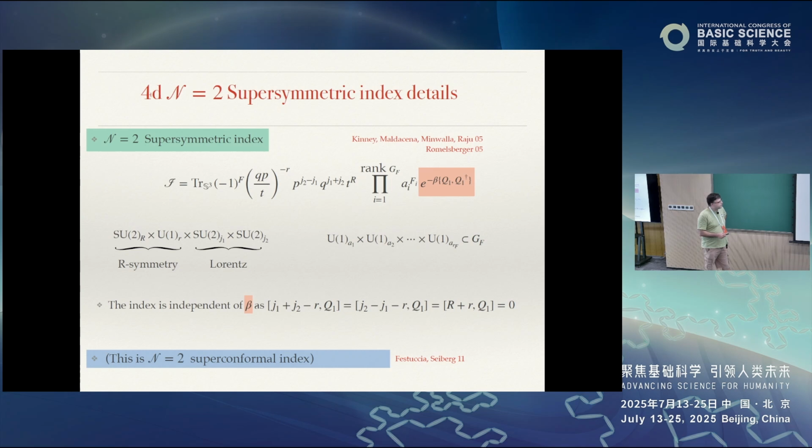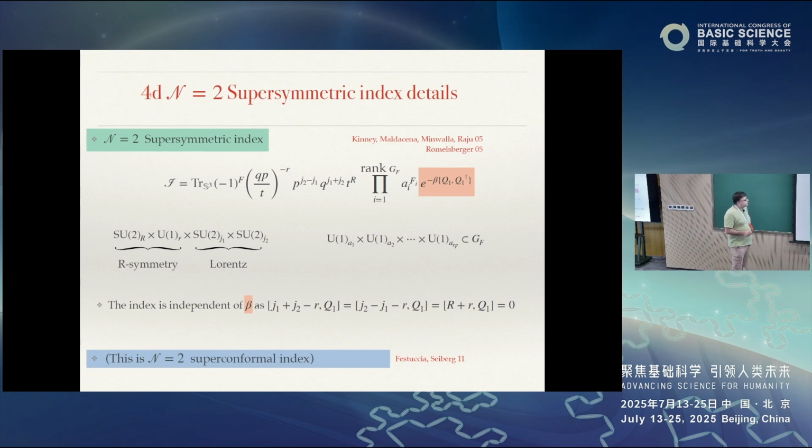So for general N equal 2 theories, you have this Q, P, and T. And you also can turn on parameters for global symmetries, which depend on the theory that you are studying. So always you have this Q, P, and T. And sometimes you have these A_i's. We will usually set this A_i to 1. We will not refine our index with global symmetry fugacities, but we will play with Q, P, and T.